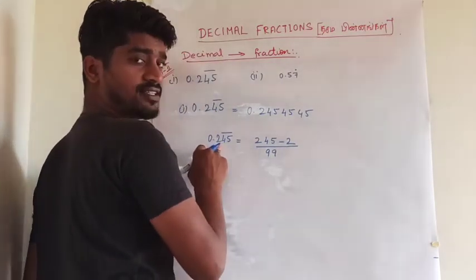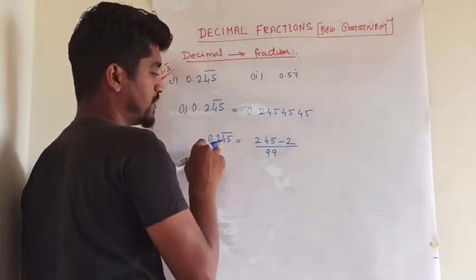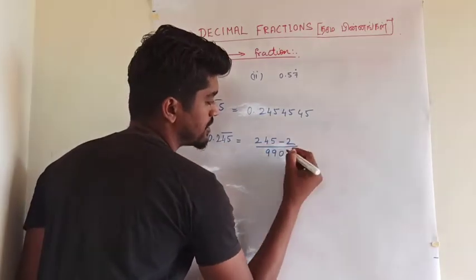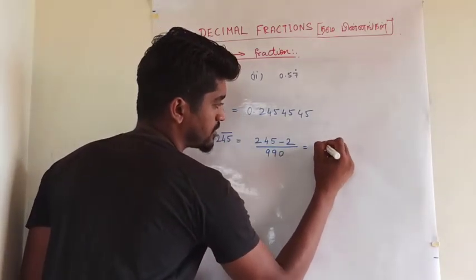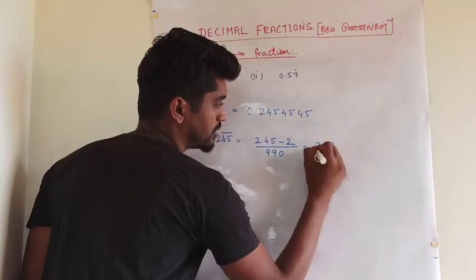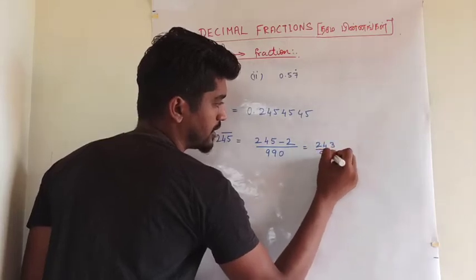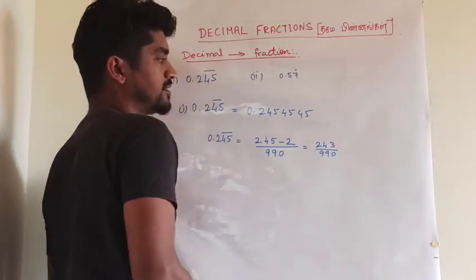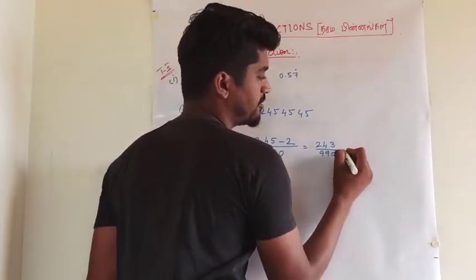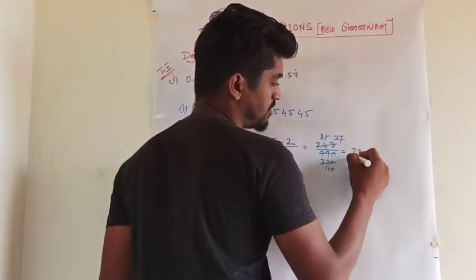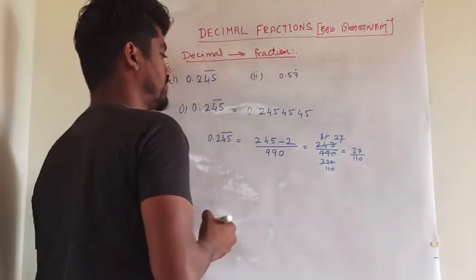Here one digit is not repeated, so we have to write 0. The simplified value is 243 divided by 990. So it can be simplified to 27 divided by 110.